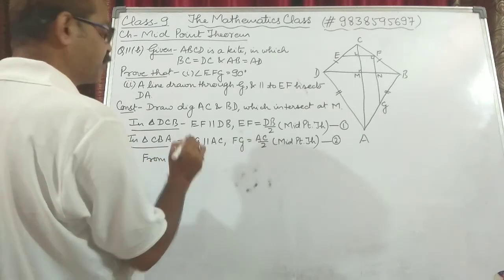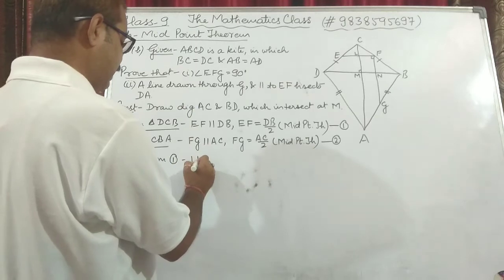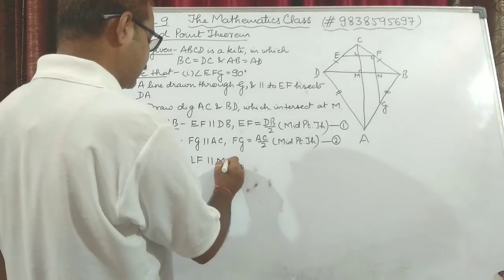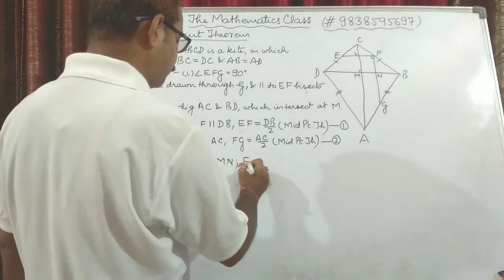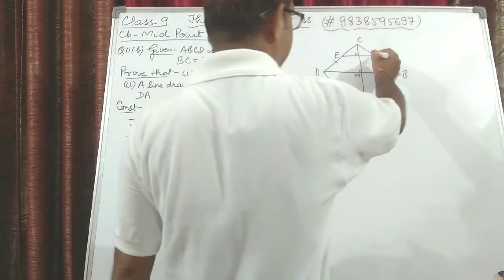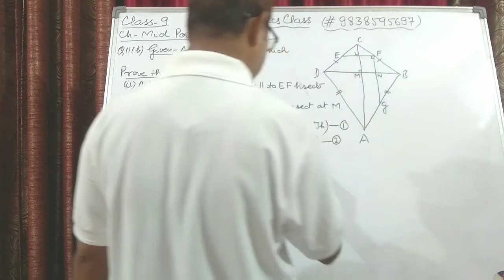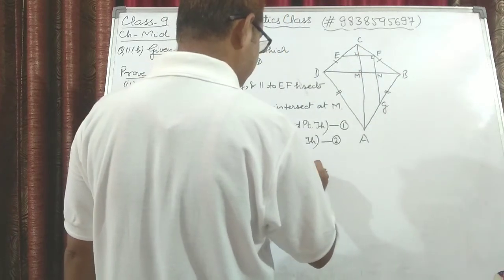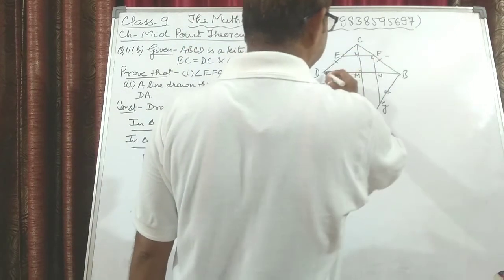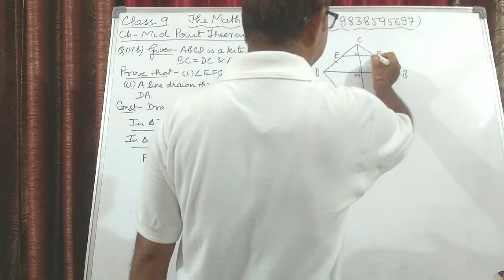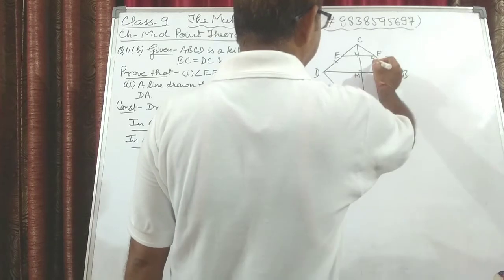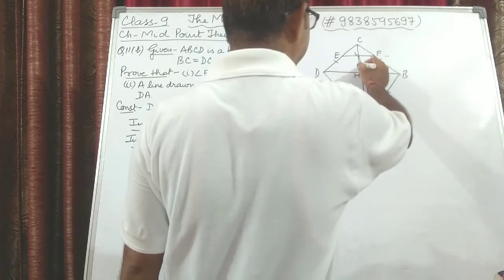From equation number 1, we can say that LF is parallel to MN, and similarly from equation number 2 we can say that FN is parallel to LM. Why? This total and this total are parallel, so this part LF is parallel to MN. Similarly, if FG and CA are parallel, so this small part FN is parallel to LM.